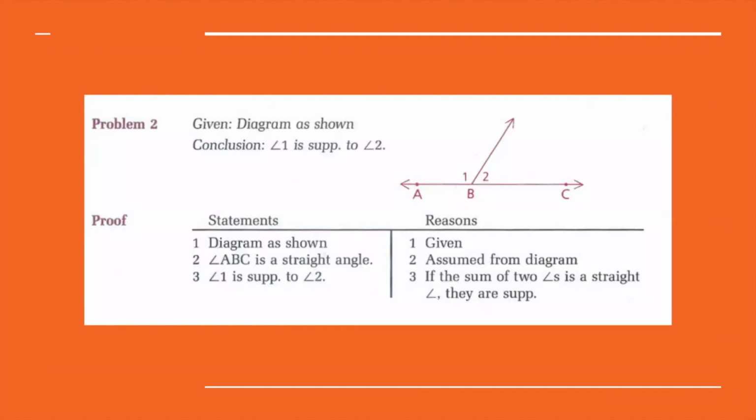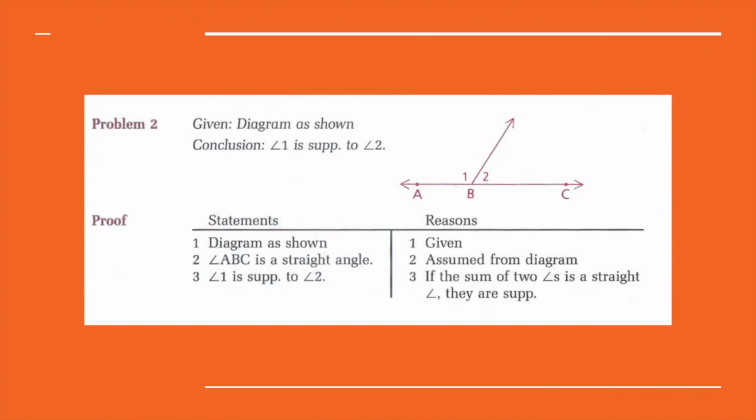Here's our problem. We're given the diagram shown on the right, and we have to conclude that angle 1 is supplementary to angle 2. So our first statement is that the diagram is shown, which is given.